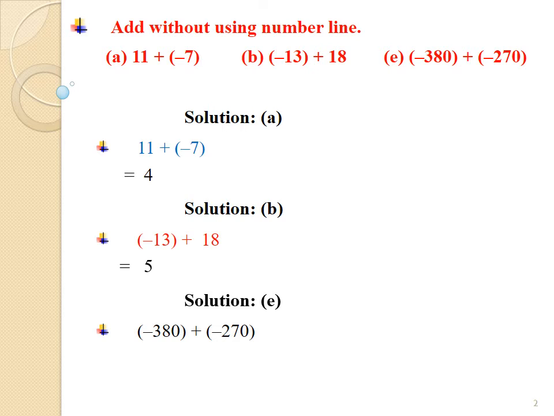Now, placing the minus sign before 650 as both the integers are negative, we get minus 650. Thus, minus 380 plus minus 270 equals minus 650.